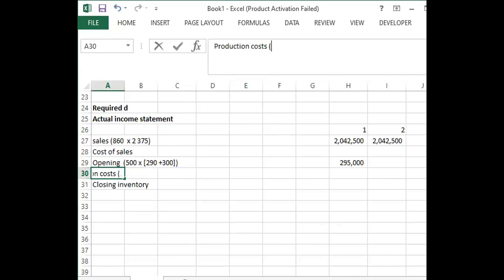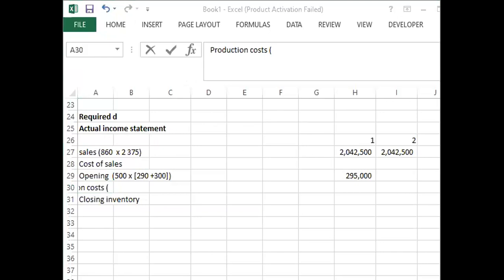So what did we produce? According to the question, we produced 3650. So we multiply 3650 by the total that we got there, which is 750. They say the composition is the same, so we minus the non-manufacturing costs.